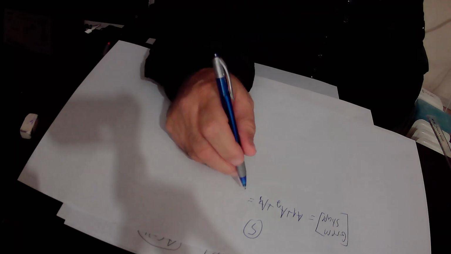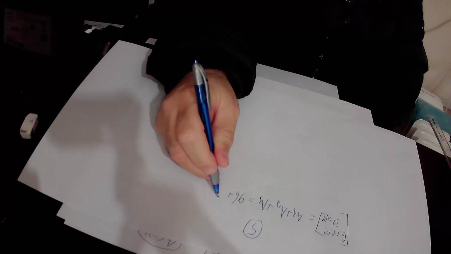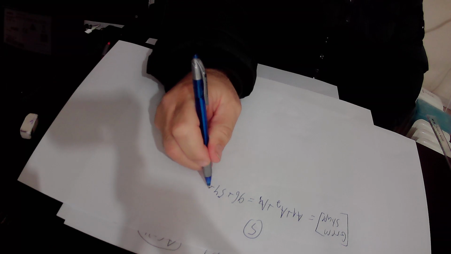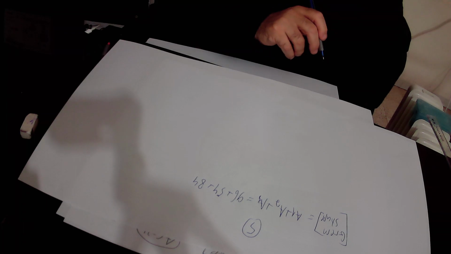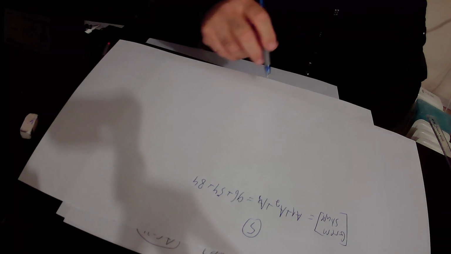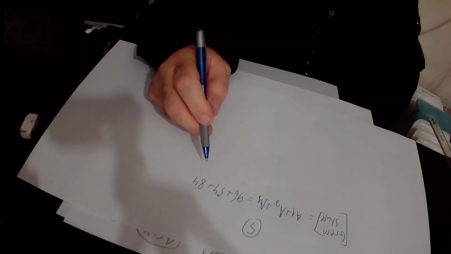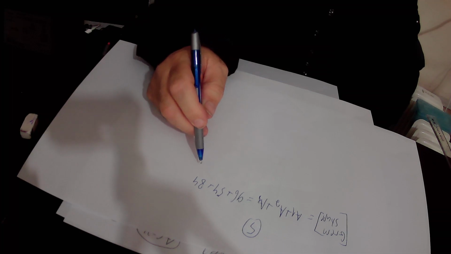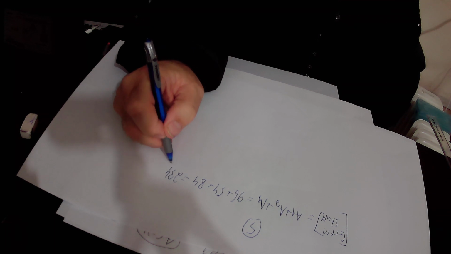A1 equals 96 plus A2 is 54 plus A3 is 84. 96 plus 54 is 150, and 150 plus 84 is 234 square units.